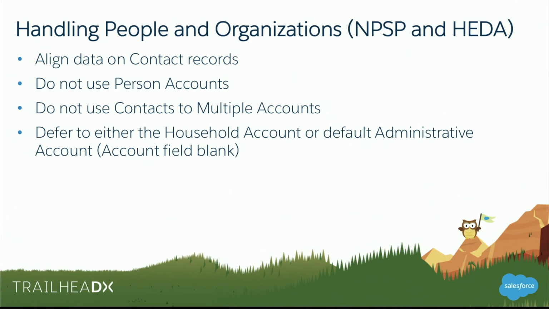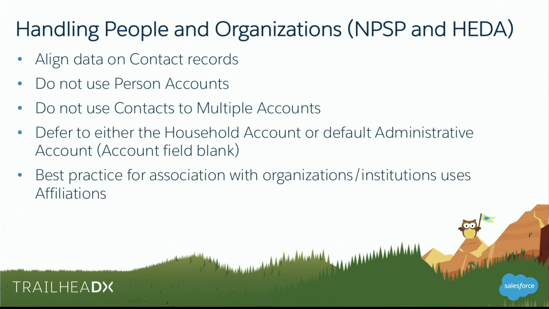One interesting twist is that if you leave the account field blank on a contact, it will not create a private contact. It will substitute in either your household account or your default administrative account. The best practice for association uses the affiliations objects in both cases.